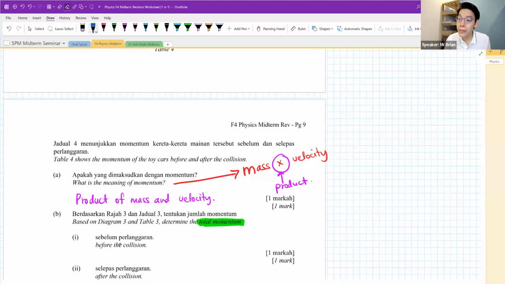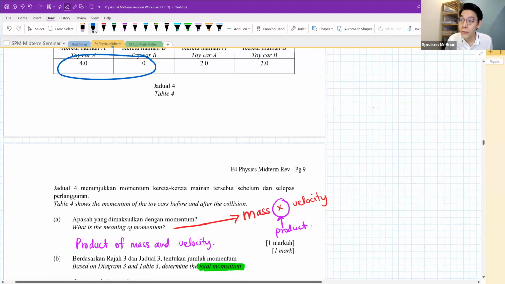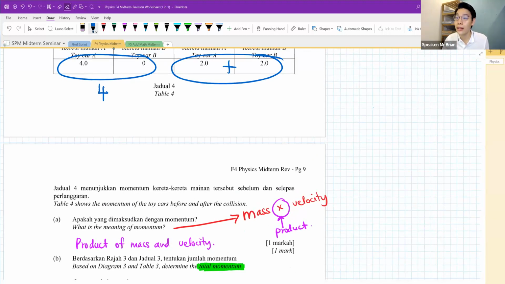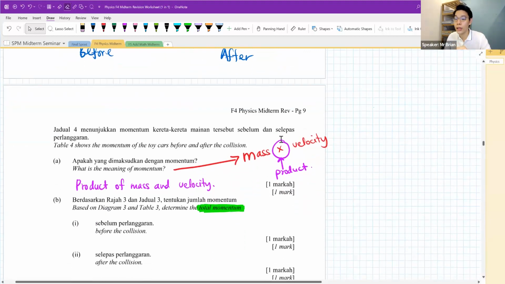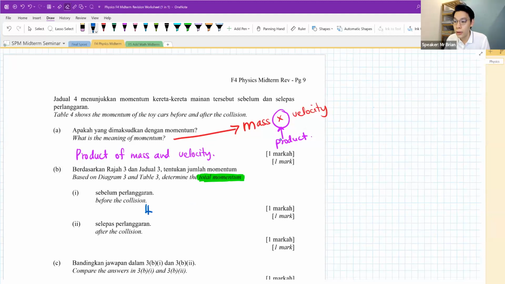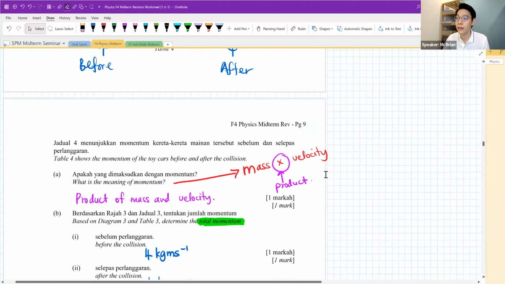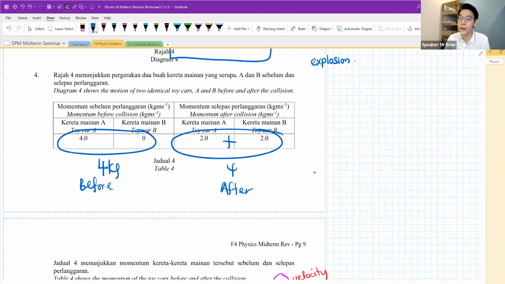So you have to add up total for A and B before is 4. The total for A and B after is 4. Before 4, after also 4. So you just have to say 4, but you need to put the value, 4 kg meter per second. They already gave you the values here. So before is 4, after is also 4 if you add together.